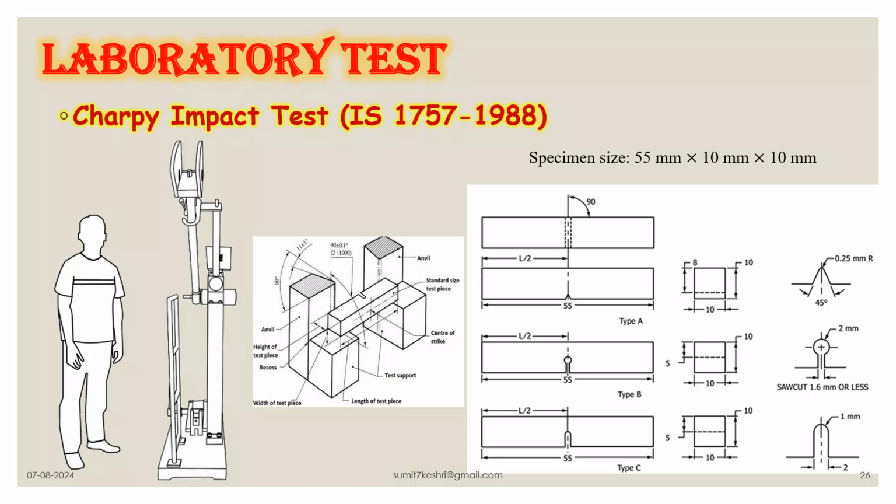As specified in IS 1757, the test specimens used are of various dimensions as in case of the Izod test. Now in the Charpy impact test, the most commonly used specimen is of 55 mm length and 10 mm square cross section with a notch of a specified depth with 1 mm root radius.